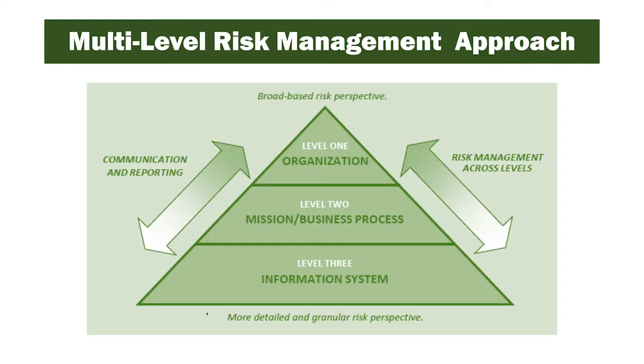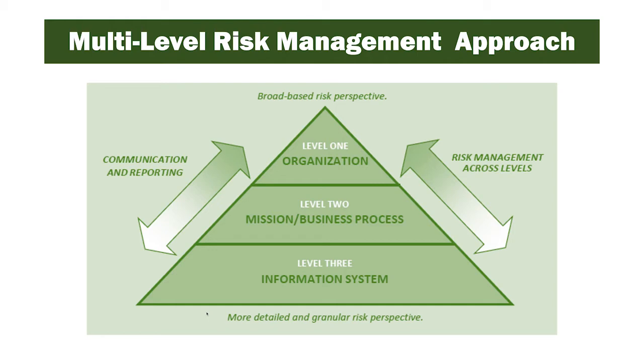Normally we look at a multi-level risk management approach in this pyramid-shaped diagram, where we have level 1, C-level organizational officials providing the broad-based risk perspective on how the organization will handle risk.